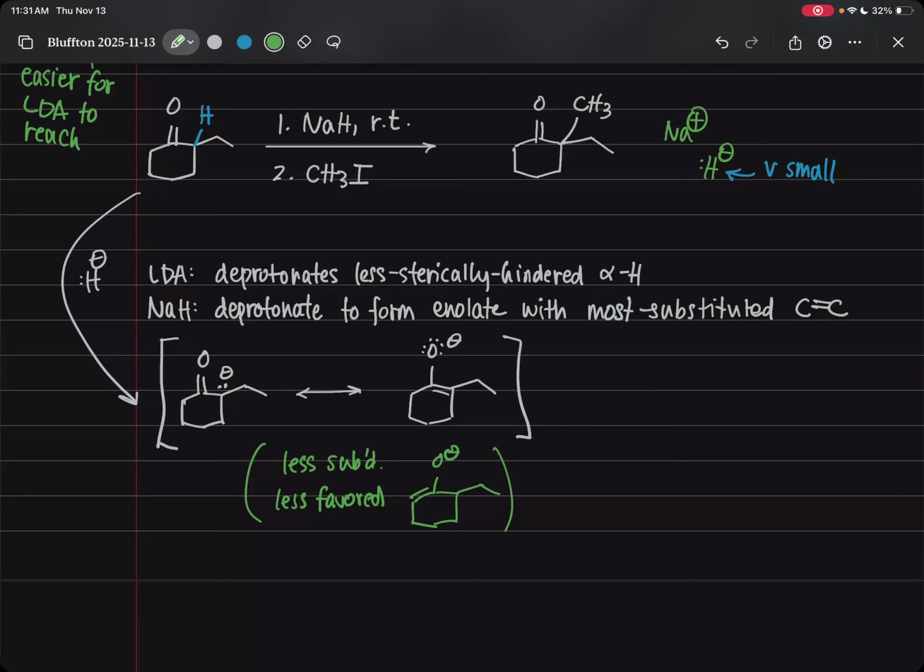And so sodium hydride is going to produce the enolate where the resonance structure has the most substituted carbon-carbon double bond. And for that reason, that carbon on the right-hand side in this case is going to do the SN2 reaction with the alkyl halide.